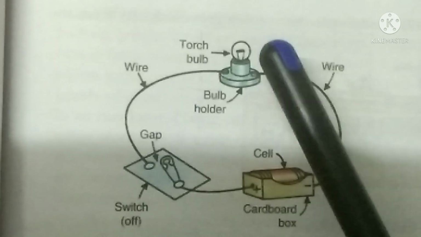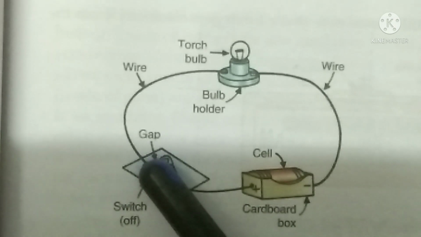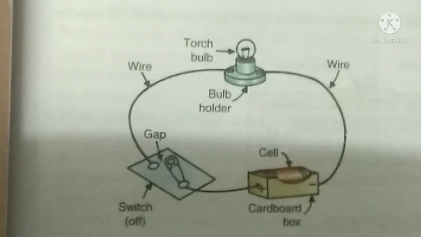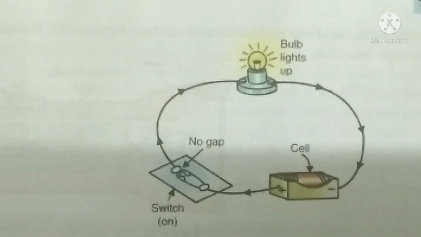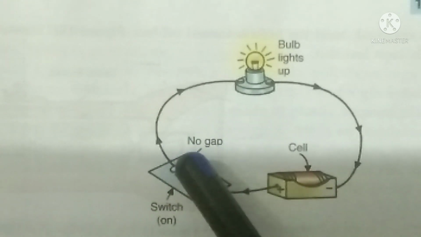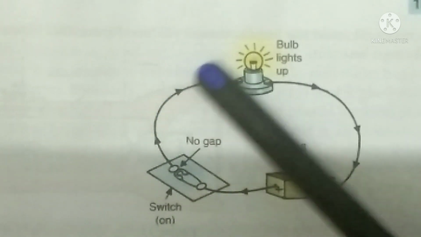Now if you want to make this glow, what we can do is press this safety pin to touch this pin. Then what will happen, we will see. You see here, in this position the gap is filled by pressing the safety pin to touch the other pin, the thumb pin. So here it is a closed circuit.